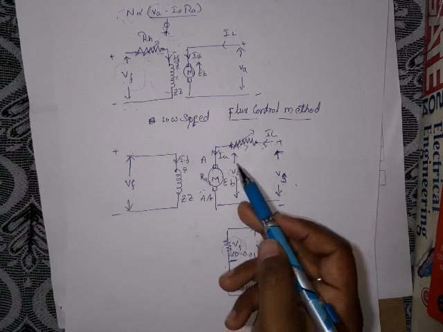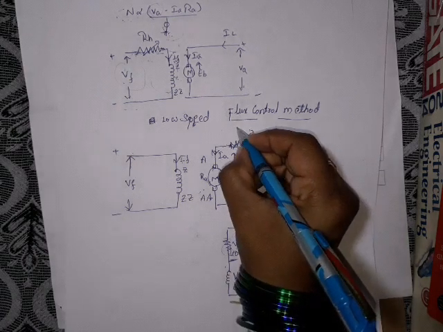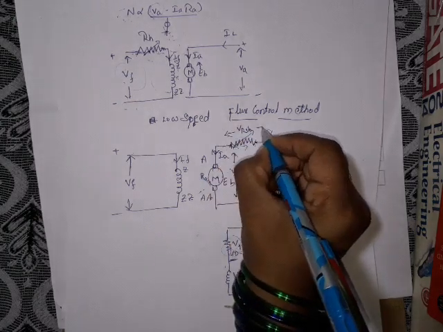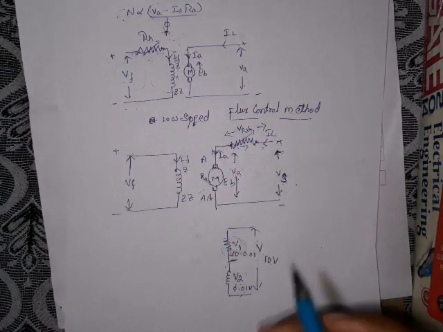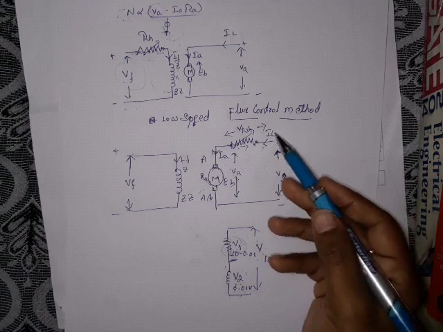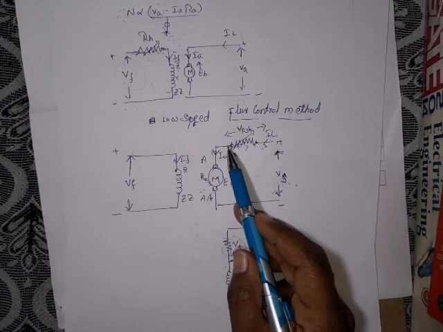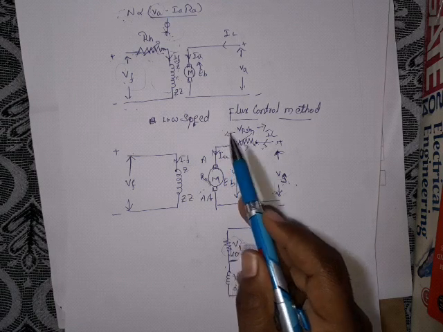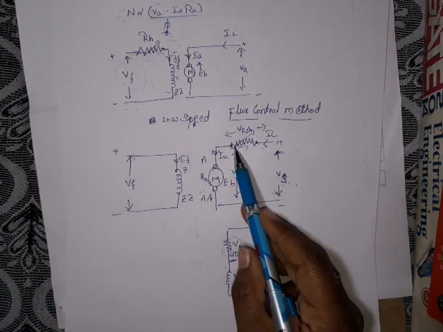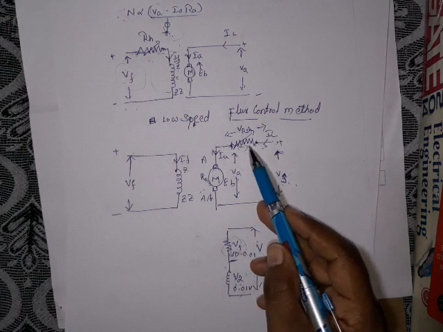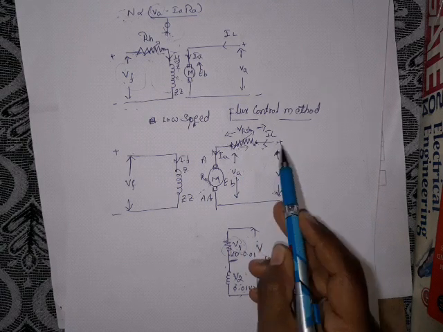So the armature drop Va, let me consider this as VRSH. Initially VRSH is nothing but Vs. These two are equal. So now what I am doing? I am bringing this from cut-in to cut-out position. Cut-out means resistance is 0. So I am reducing this from maximum value to 0.